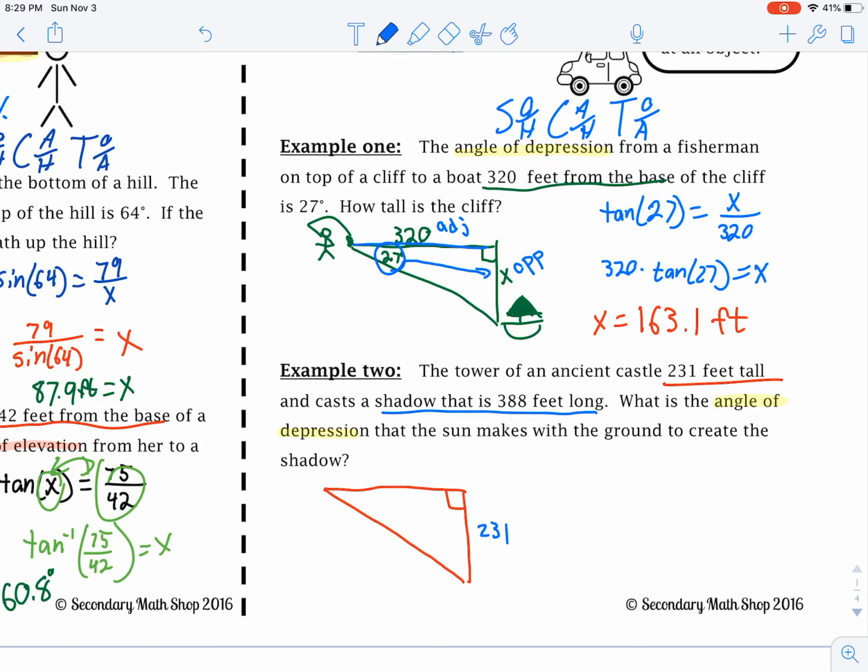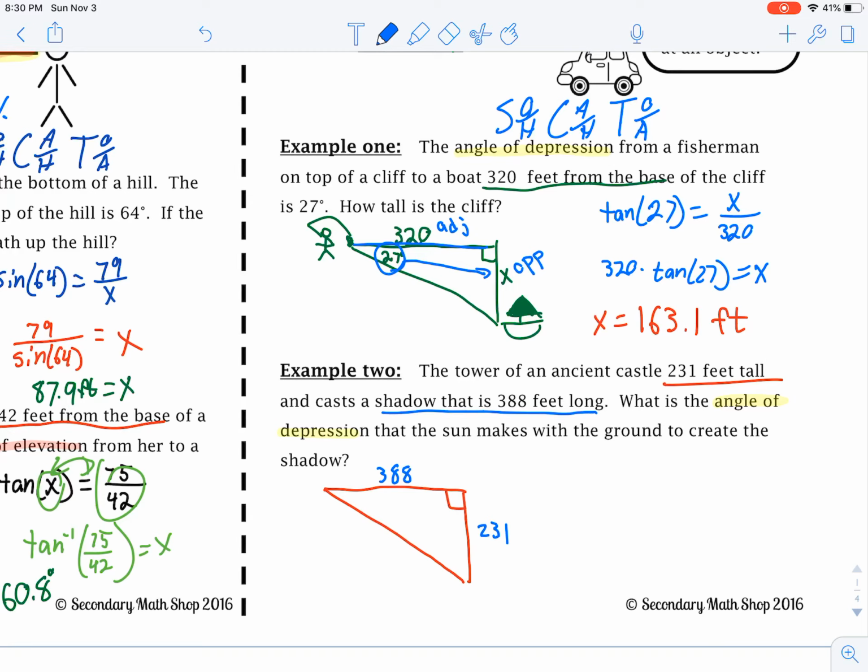When we're standing outside and the sun's shining down and we see our shadow, is our shadow at a diagonal coming off the ground or is it flat on the ground? The shadow is flat on the ground, so our horizontal is our length of the shadow. Okay, so we're going to label that 388 feet.